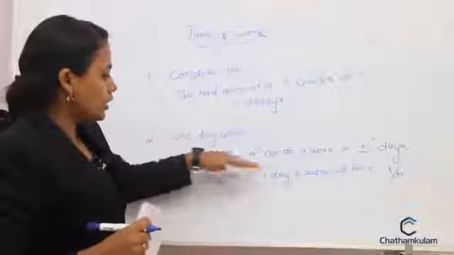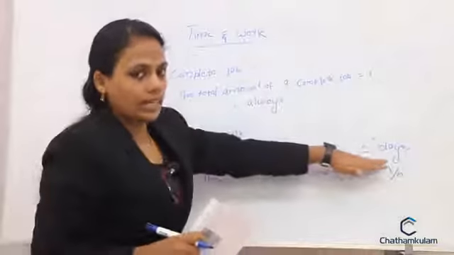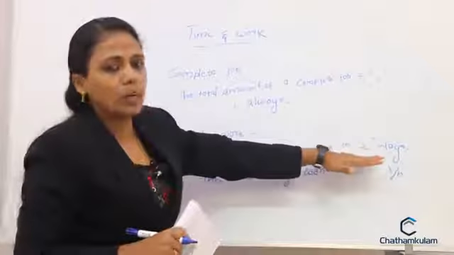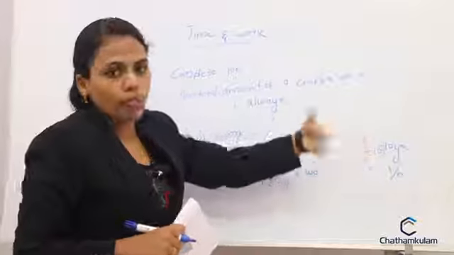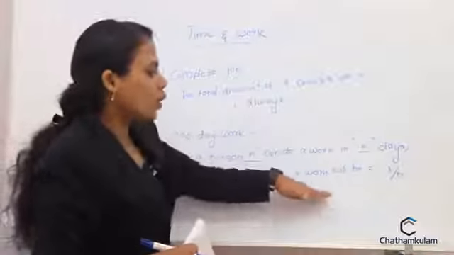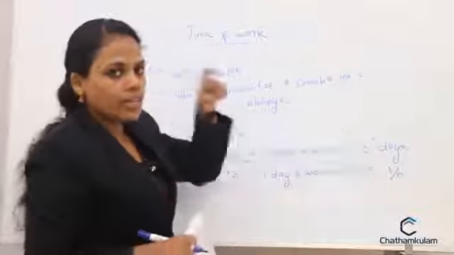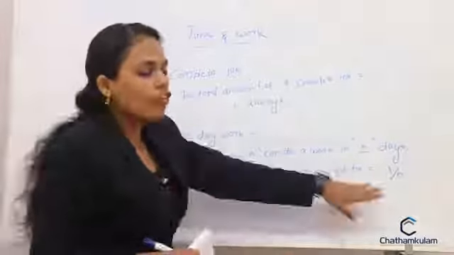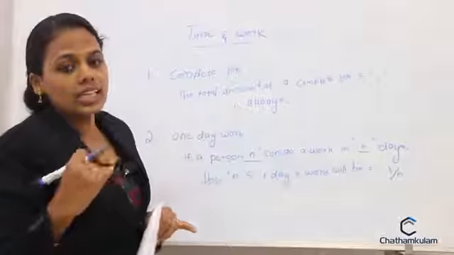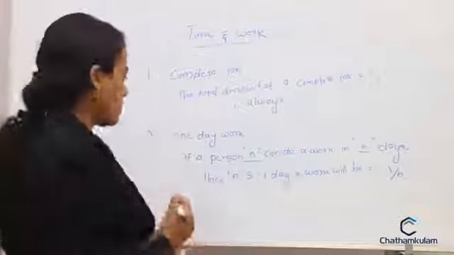If a person A can do a work in n days, a number of days, that may be 1 day, 2 days, or 4 and 5 days, then A's 1 day's work will be 1 by n. This is the second concept of solving these problems.